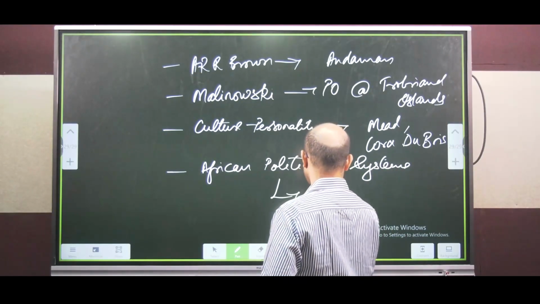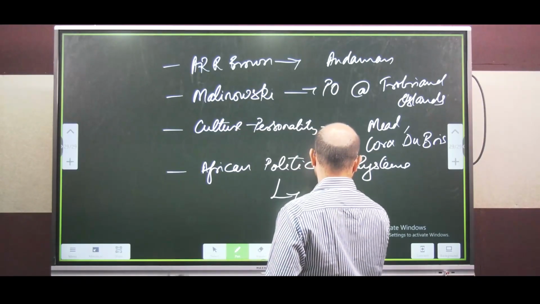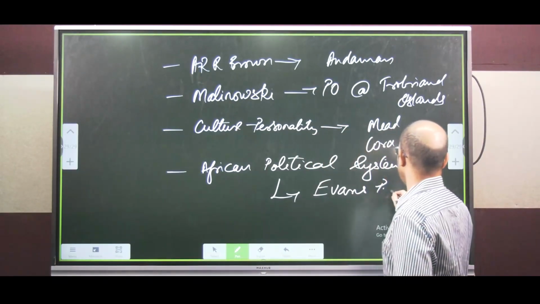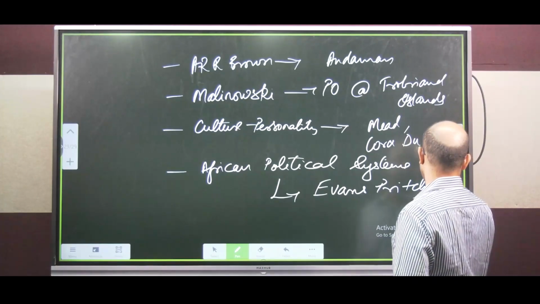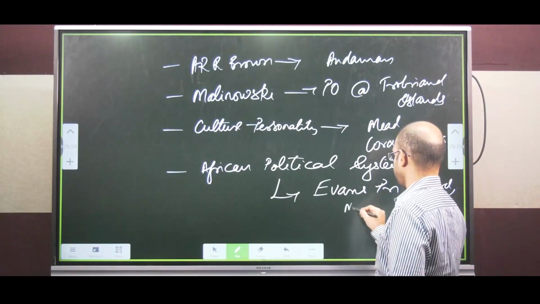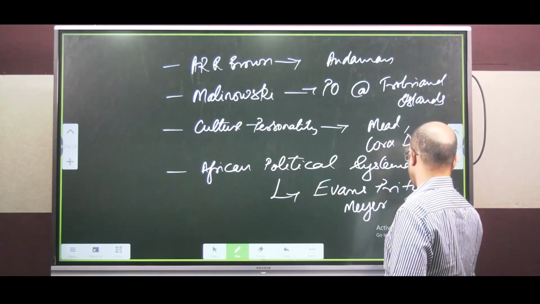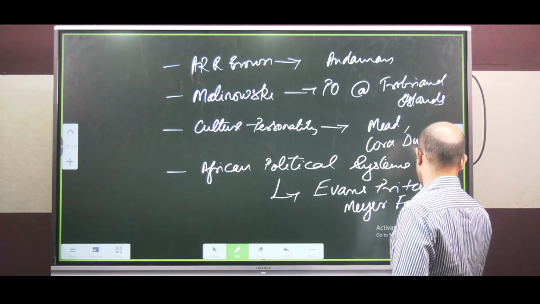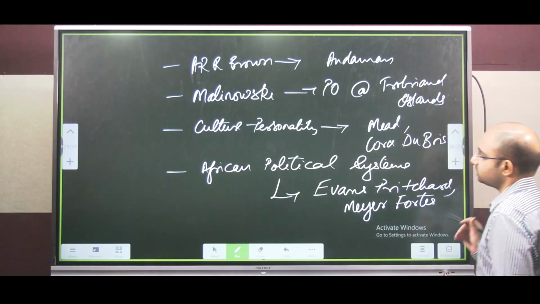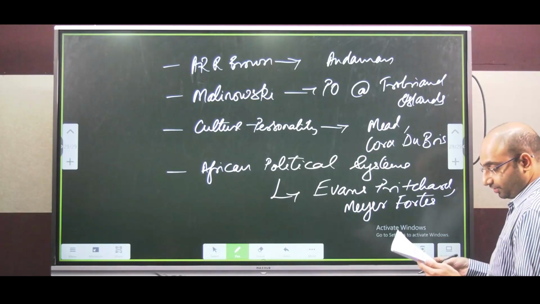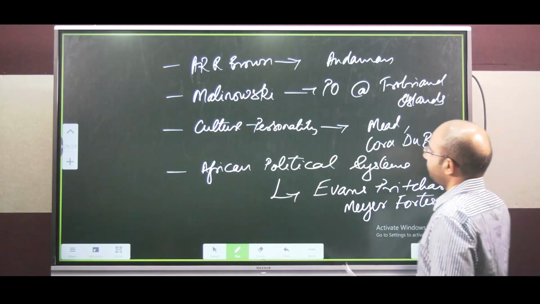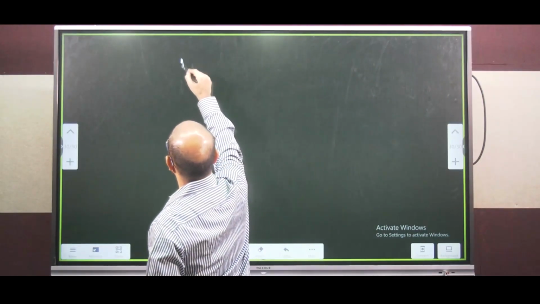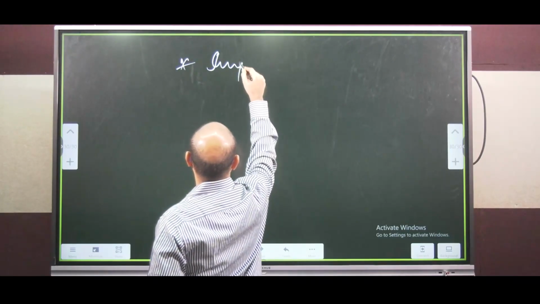Yes, Meyer Fortes and Evans-Pritchard. So trace all this history of fieldwork. This is the broad history of fieldwork, and then after tracing the history, discuss the importance of fieldwork.